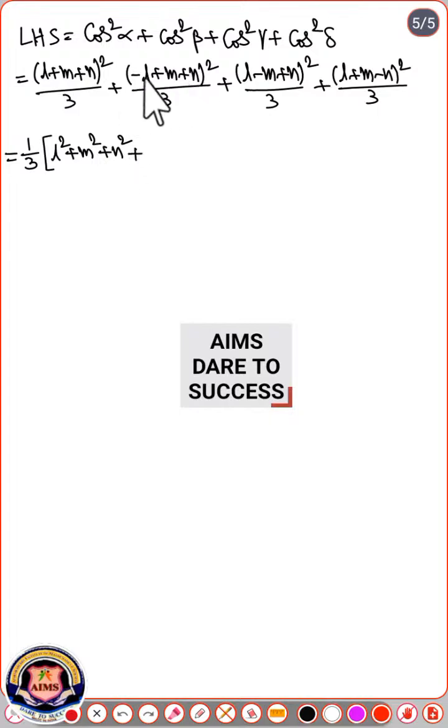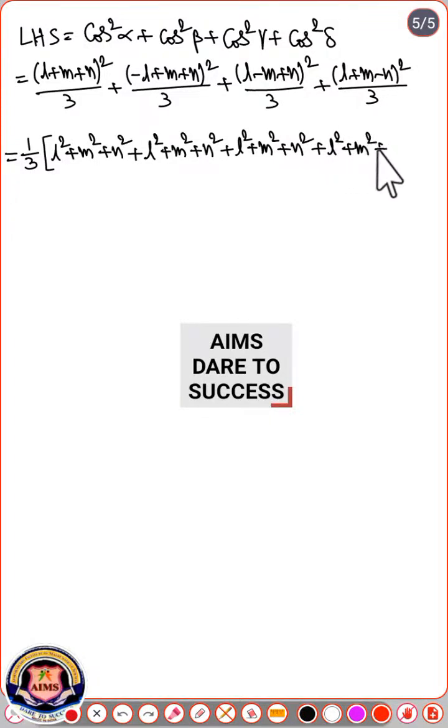So here also, (a plus b plus c) whole square gives a square plus b square plus c square plus 2ab plus 2bc plus 2ca, and these get cancelled using these values. So just a square plus b square plus c square will come 4 times. Here also the same, L square plus M square plus N square. There also we are getting L square plus M square plus N square.